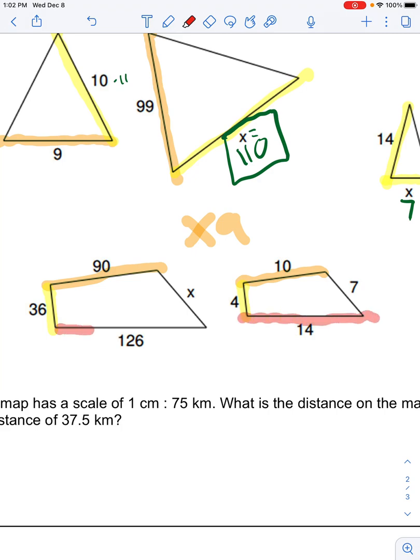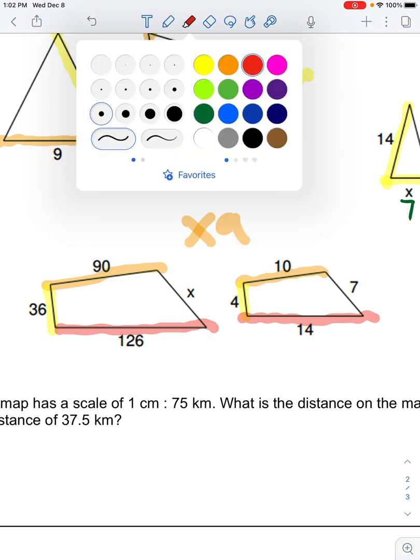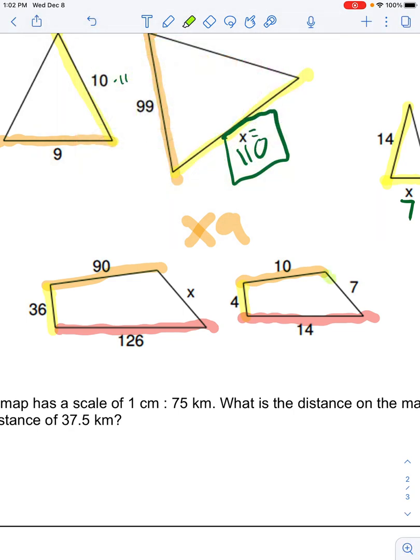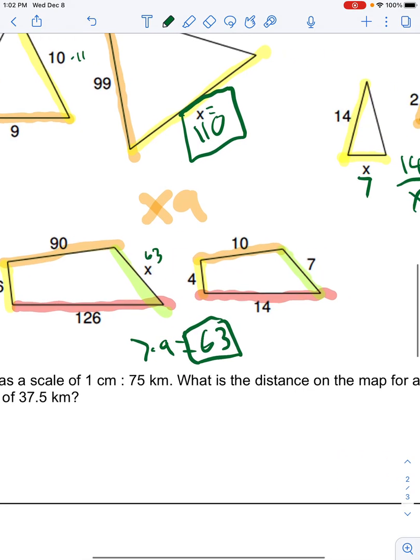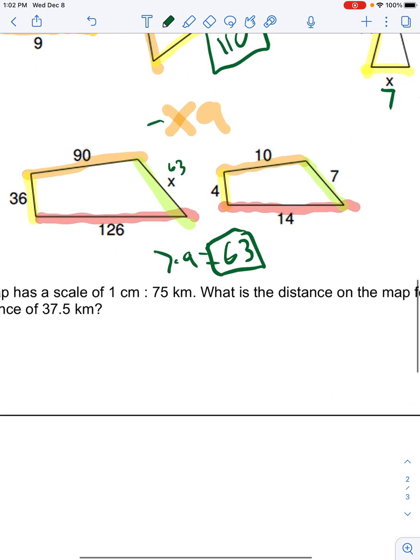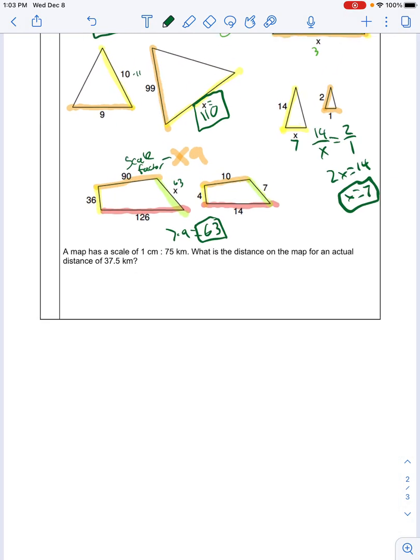That worked out nice. 14 times 9 is 126. So all I need to figure out is what is 7 times 9. 7 times 9 is 63. So x equals 63. Because I used the scale factor.